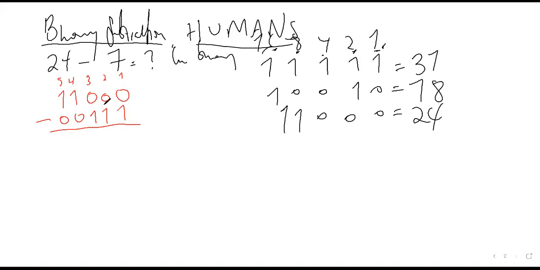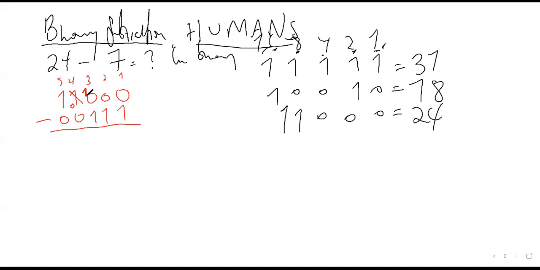When I borrow from the second column, I cannot borrow anything here because there is a 0. But I can borrow from this one, and the borrowing can extend to the 4th column. So if I borrow from this one, I'm left with a 0 and I have a 1 here.